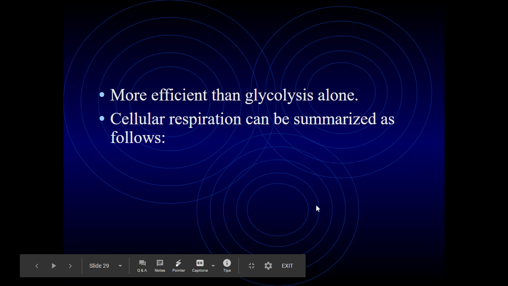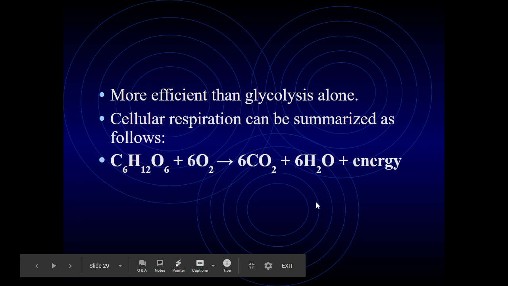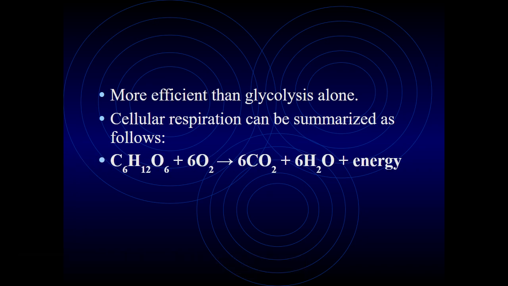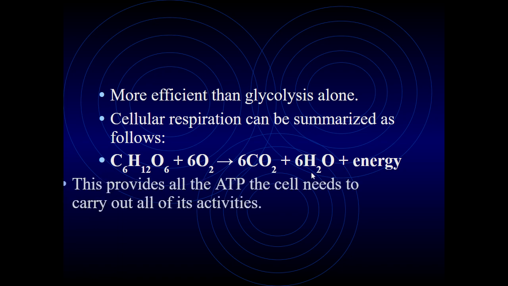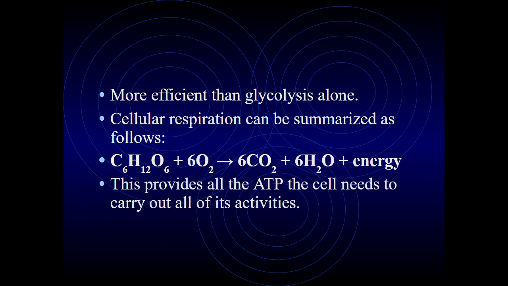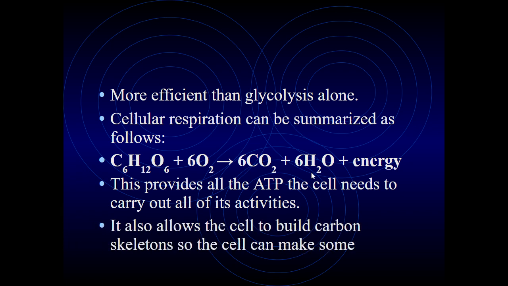Cellular respiration can be summarized as this: you take your glucose, you take your oxygen, and you convert that into CO2, energy burned off, and water. By having aerobic respiration, it creates all the energy the cell needs to survive and to function.